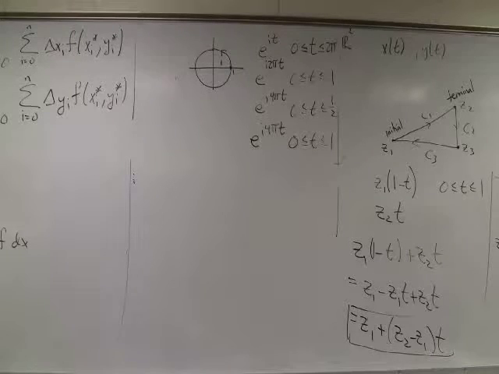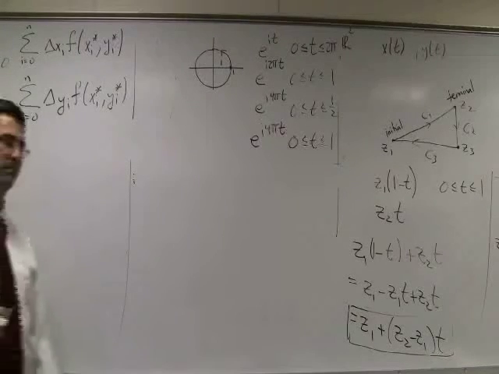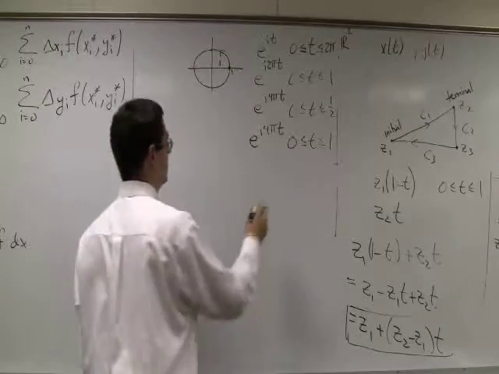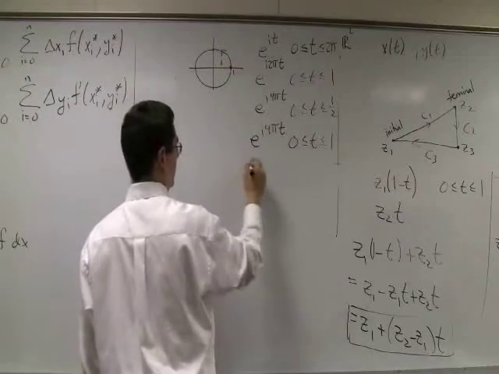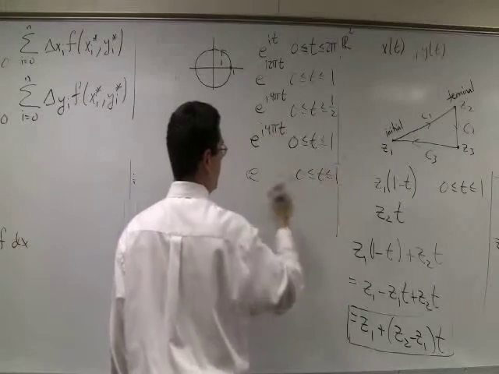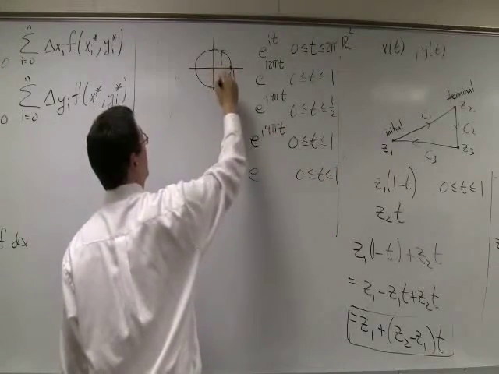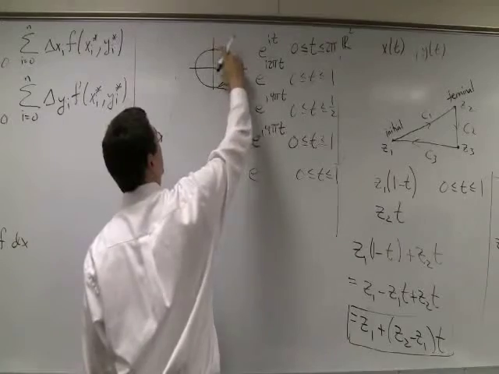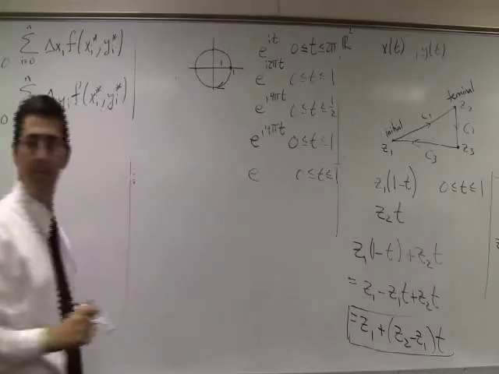What if you wanted to go backwards? Negative. So if I wanted to, again, go from t equals 0 to 1, but now I want to go around the circle in this direction. Minus 2 pi.